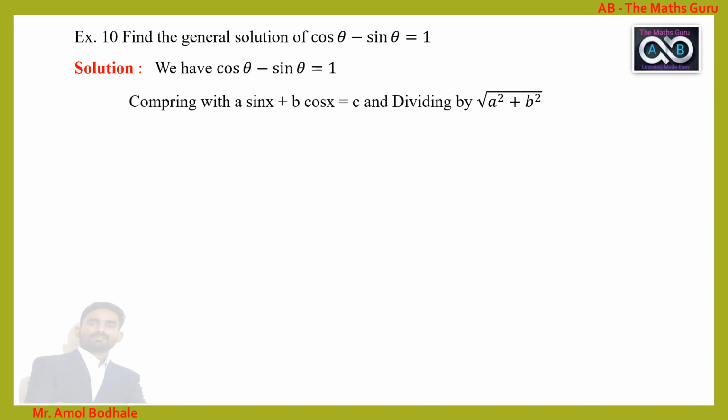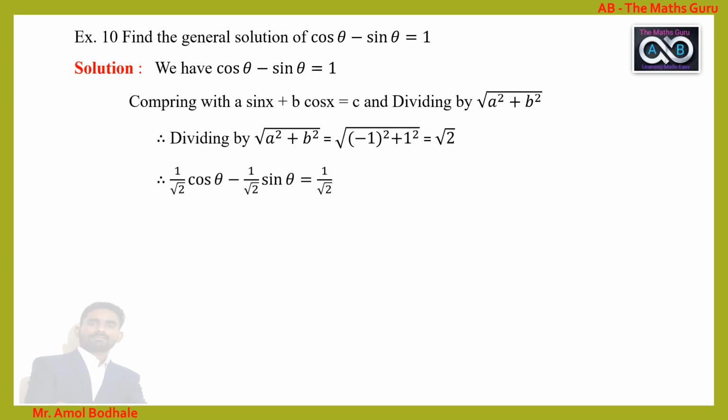If we compare this given example with this one, we get a as the coefficient of sin theta, that is minus 1, and b as the coefficient of cos, that is plus 1. So dividing by square root of a square plus b square, that is square root of minus 1 squared plus 1 squared, we get root 2 here. That means we are dividing this equation by root 2.